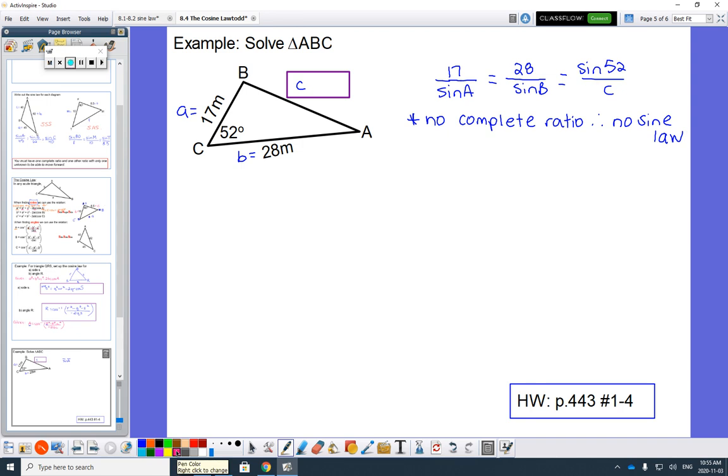So again, you might recognize this as side, angle, side, which is a sine law or a cosine law thing.